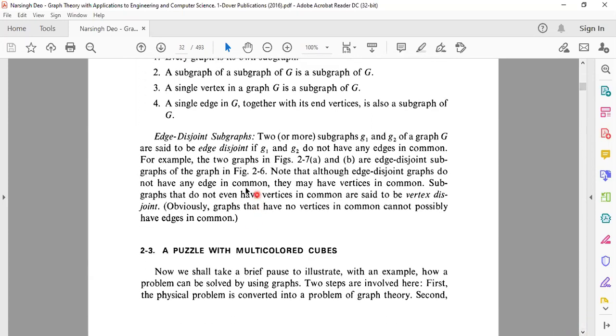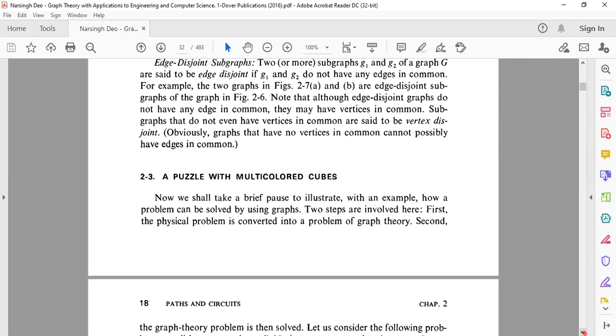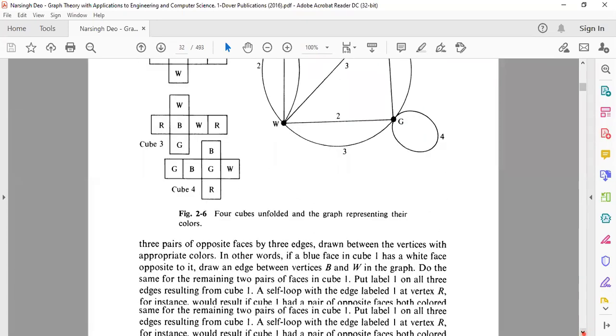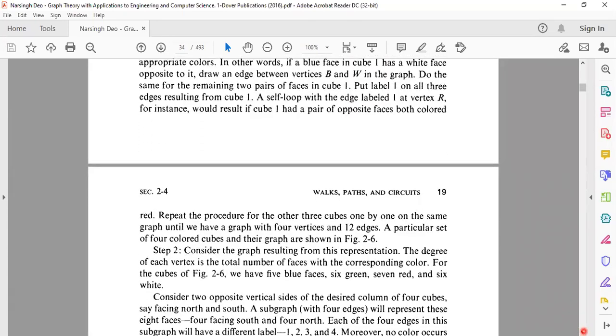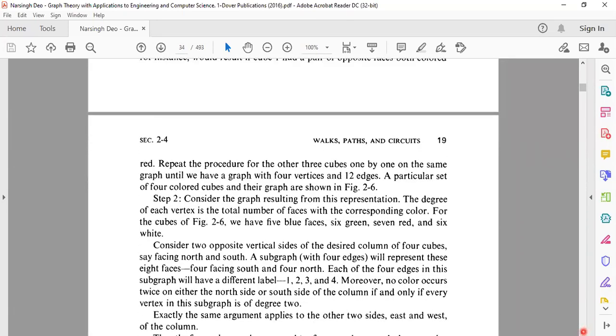Now, different types of subgraphs are present. Edge disjoint subgraphs are a kind of subgraphs which you can consider. So you just read this particular paragraph and try to relate it with the above figure. You are going to understand. Some mathematical examples and puzzles are there that you can skip for the time being.